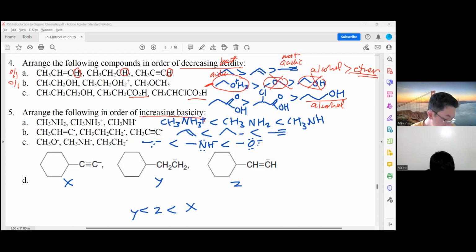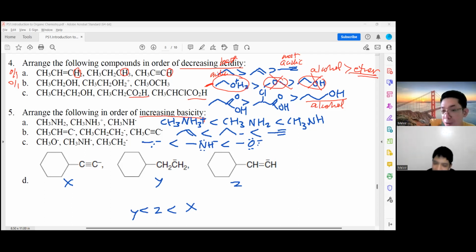Inductive effects din. Mapapull ni chlorine yung electrons. Kapag ganun, Josh, ano mangyayari sa acid mo? Stronger or weaker?